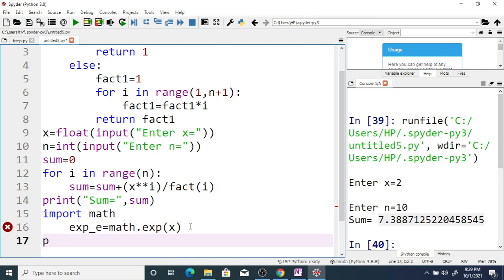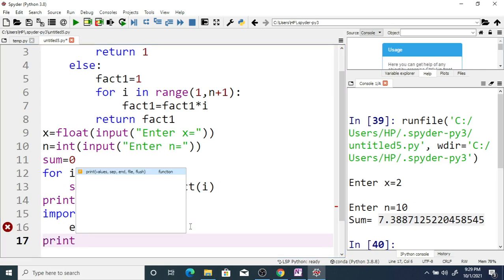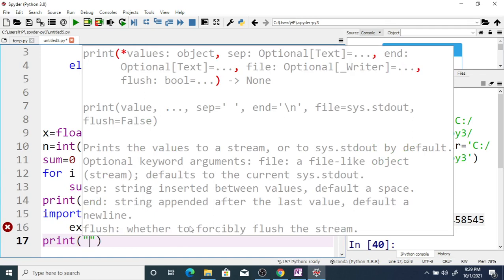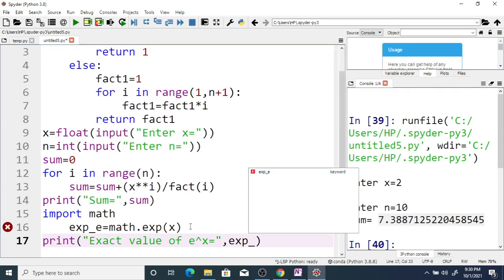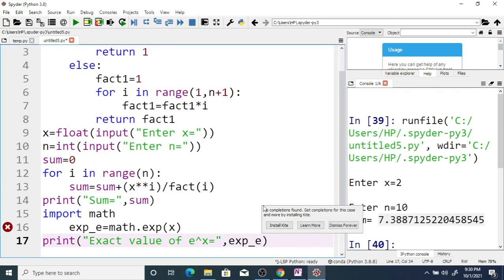So print exact value of e raised to x is equal to, say exp. We denote this expe for exact value.